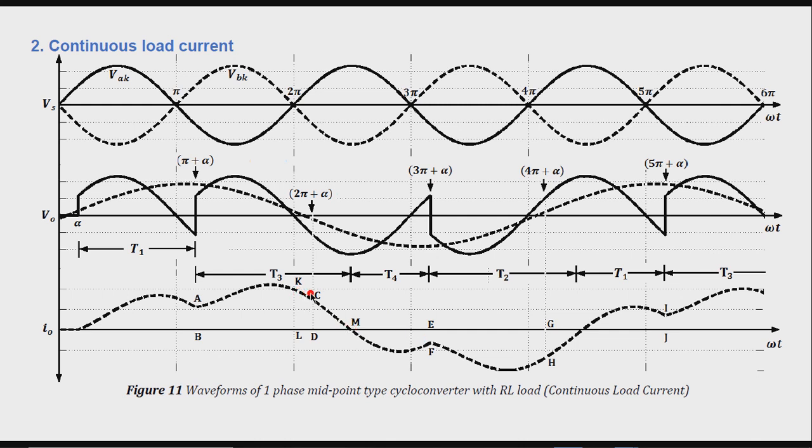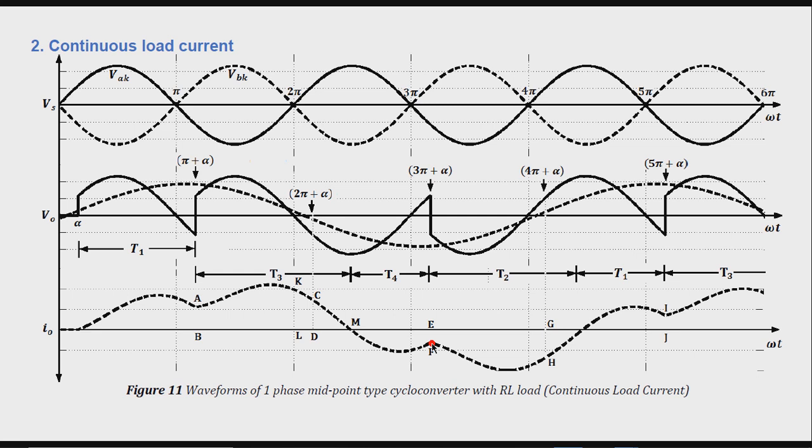Here T3 didn't turn off until point M. T4 is already triggered at omega t equal to 2 pi plus alpha. When current goes to 0 at point M, T3 turns off and T4 starts conducting. Load current i0 then increases from 0 in the negative direction as shown in this waveform.